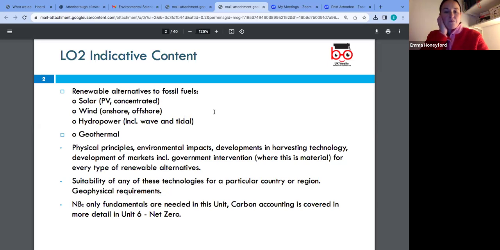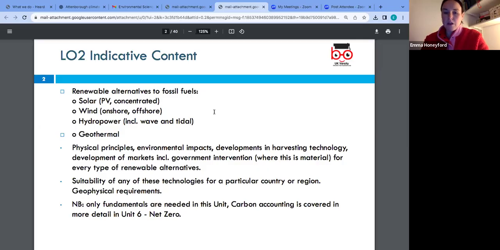Then the developments in harvesting technology. So what are the developments? Typically, relying on technology to solve the problems of climate change has been deemed a weak form of sustainability, but we know that we are going to absolutely have to rely on technology to drive the transformation for a sustainable world, and there are many benefits of it.